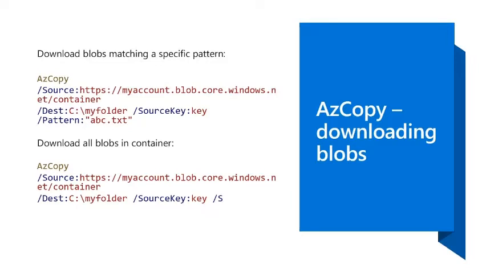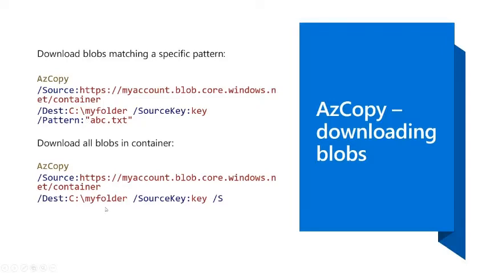Assuming you are running the download command in your local folder path and downloading a blob named folder/name of the file, the AzCopy tool will hydrate the blob in the following path.